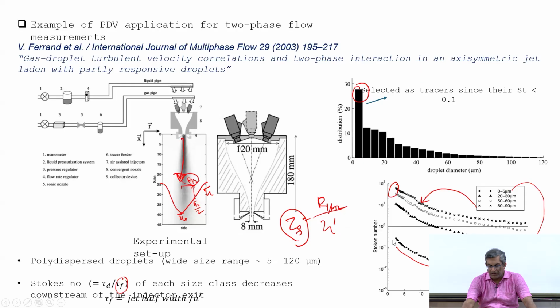If you leave this part, they have assumed that the 0 to 5 micron particles are tracer particles, but still you see the difference: close to the injector exit, even the small particles have higher Stokes number. Higher means it is of the order of 0.1. It is not much less than 0.1, which is the criteria for them to be tracer particles. So, they are actually tracer particles somewhere here after this.